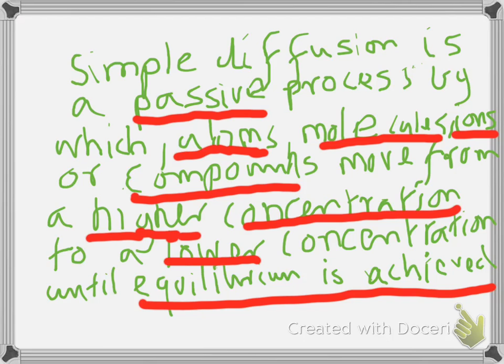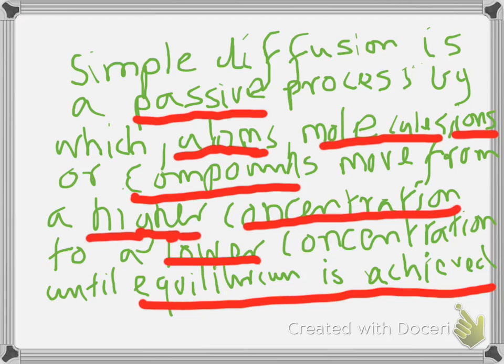Remember from the cell, or even from the red dye cup, that it always moves from the area where there's lots of molecules to where there's fewer molecules, until there's an equal amount. This results in a net, or overall, movement of molecules from the higher to the lower, and as such, the area of high concentration loses molecules to the area of lower concentration until they're equal.